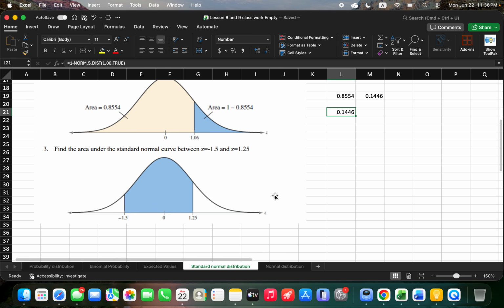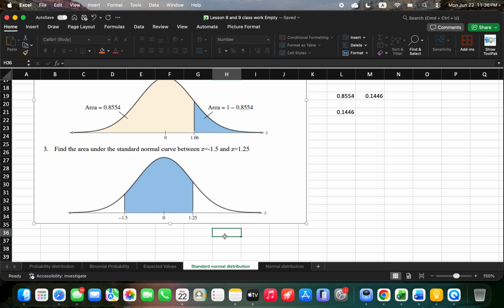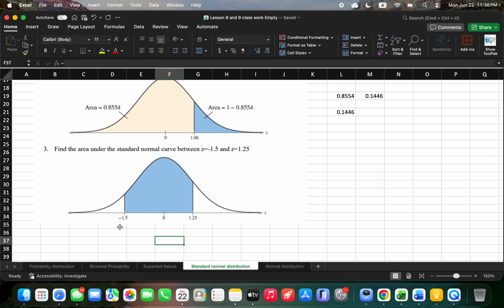Okay, then what about between here? In this case, between negative 1.5 and 1.25. But think simply here. If you're reading z score equal to 1.25, it covers the area from the left side up to negative 1.5 as well, and beyond here until 1.25.